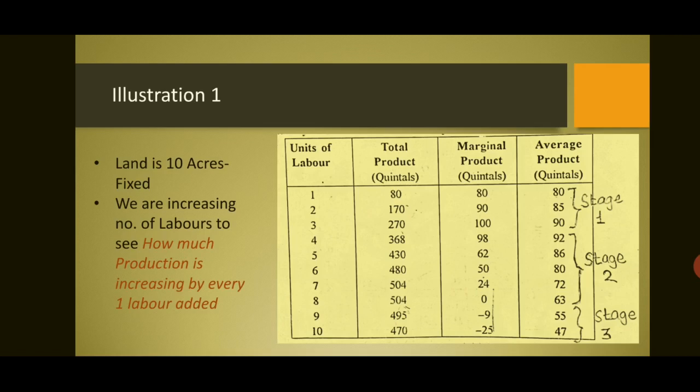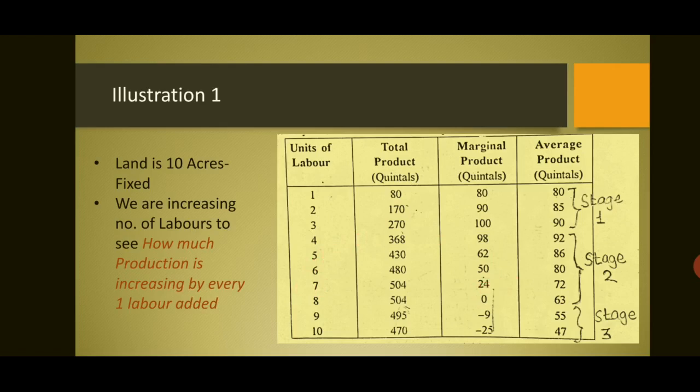Same law applies here also. As and when we are going to add one new labor, yes, our production will definitely increase, but at diminishing rate. Okay, so at the point of time we are going to the eighth labor, there is no increase in production at all.